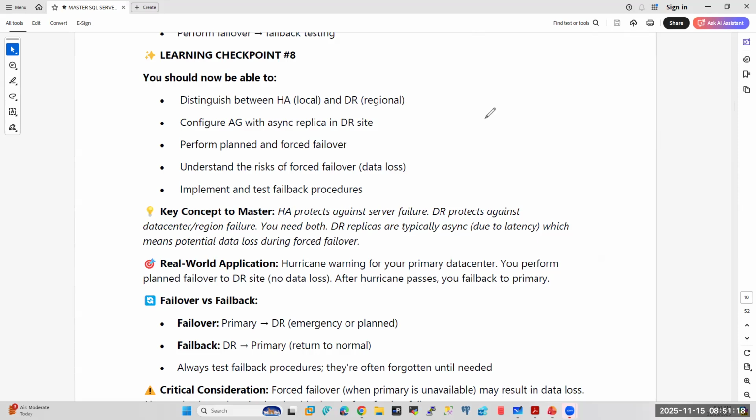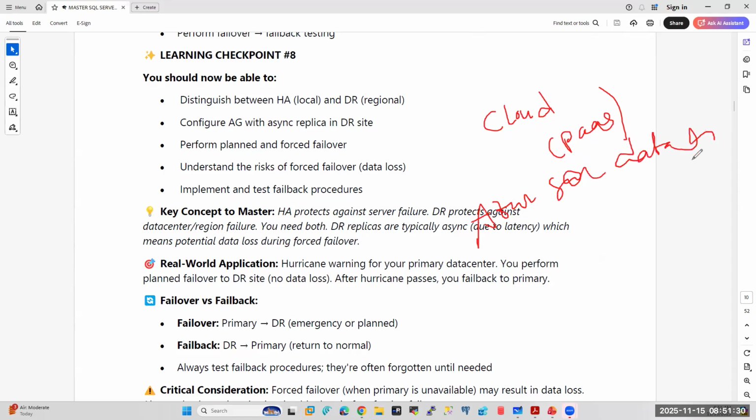We'll move into the cloud, and specifically discuss the PaaS platform: Azure SQL Database, elastic pool, serverless, along with MI. These are all the cloud services, the PaaS services we need to spend time on.